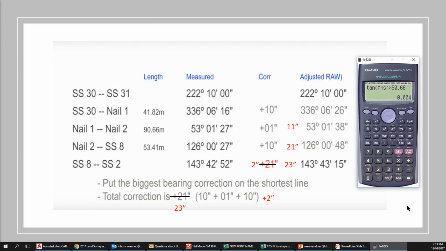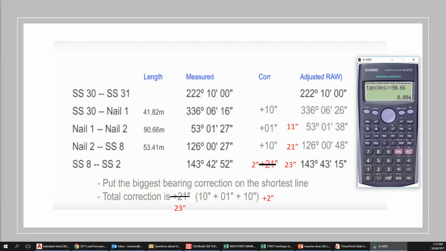We can see that although it's still only 10 seconds, it's going to be a much bigger error. Proportionally, the error is smaller in the shorter lines.